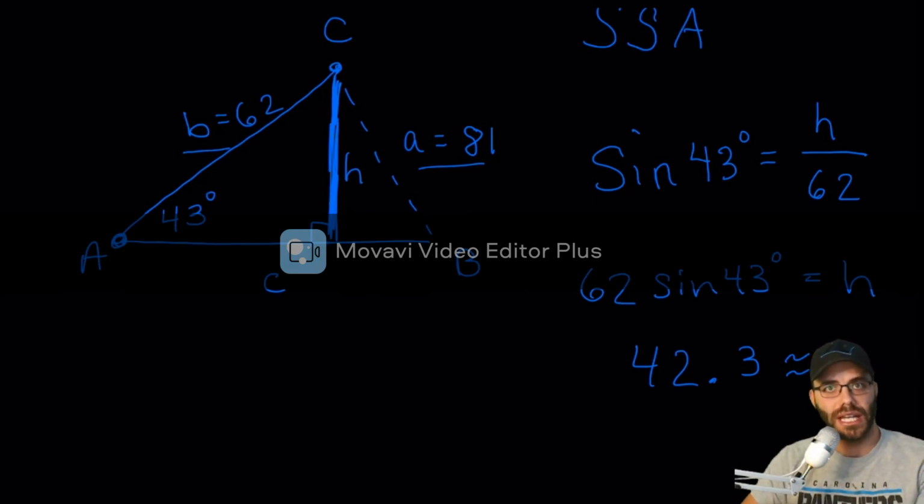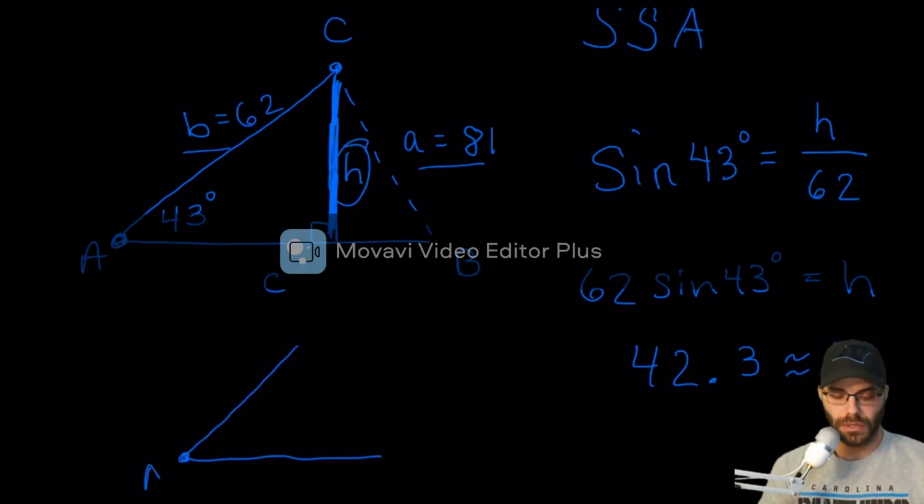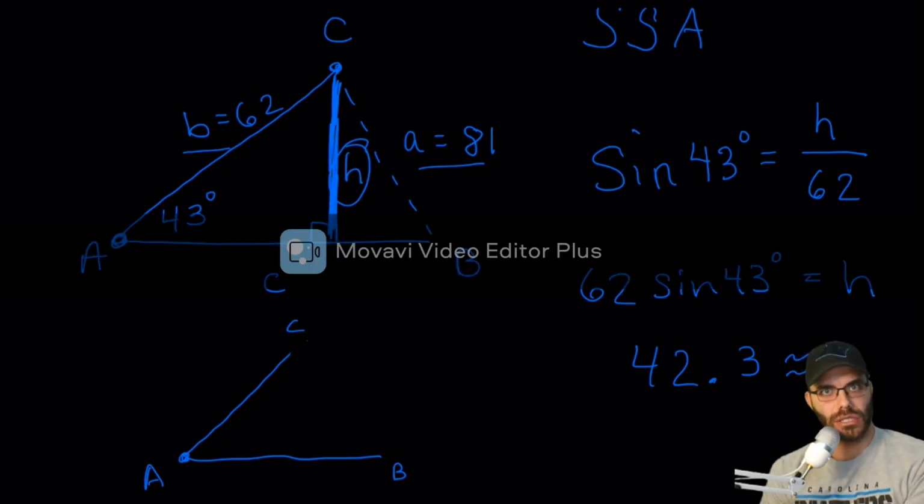So if side A is larger than the height, then we know we at least have 1 triangle. Okay, so let's kind of picture this real quick. So since the height is approximately 42.3, if side A were less than that, I know in our case we have side A is 81, but let's assume A was less than H, right?